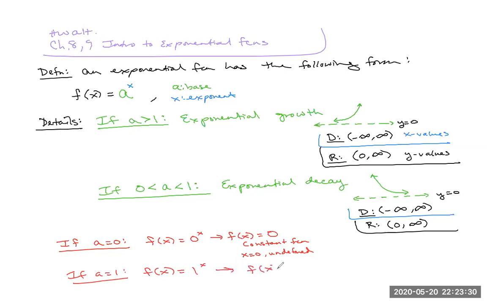That gives you a constant function, and this is true even if x is 0. So this would be a constant function, no discontinuities. So these are both not exponential graphs or functions. Also, you don't want to have negative a values. You're not going to get an exponential function. You're going to get one that alternates between negative and positive. So just really note these bounds that we're talking about for your base.